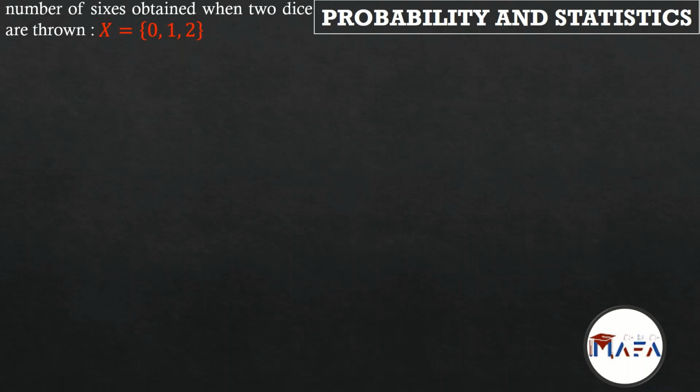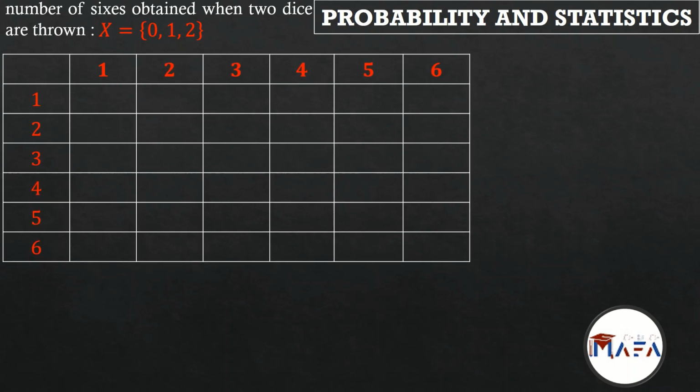Now I'm going to draw a table where we are going to get the various possibilities for the first dice and for the second dice. For the first dice we have the numbers 1 2 3 4 5 and 6. For the second we have the same 1 2 3 4 5 and 6.